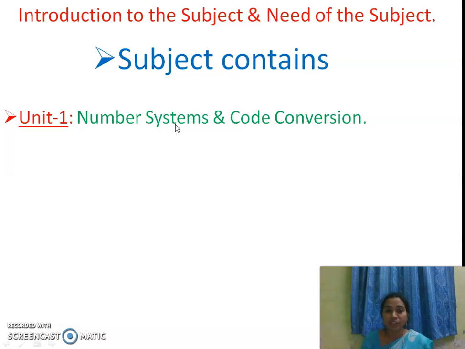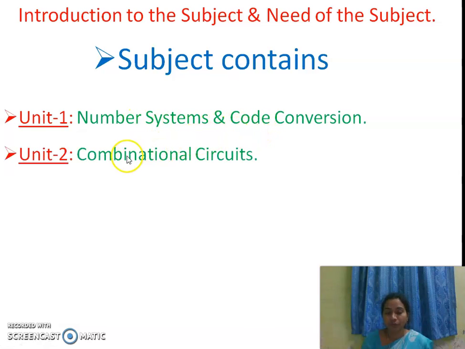What is the meaning of Boolean algebra? How do we represent Boolean functions? And based on a Boolean expression, how do we reduce it by using different methods, such as the K-map method. Based on these basic concepts, we will learn the first unit, number systems and code conversions.